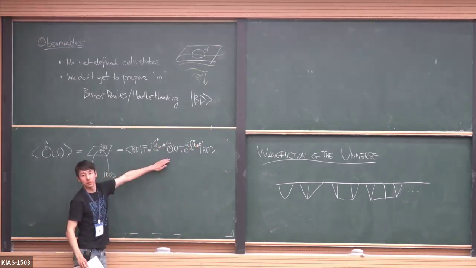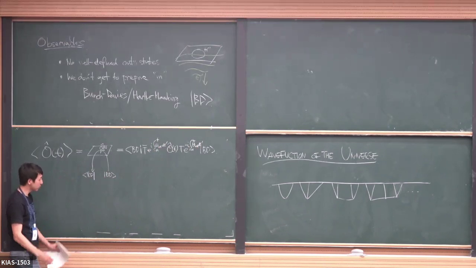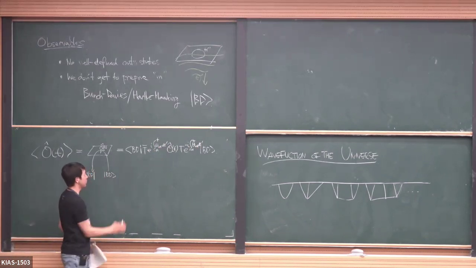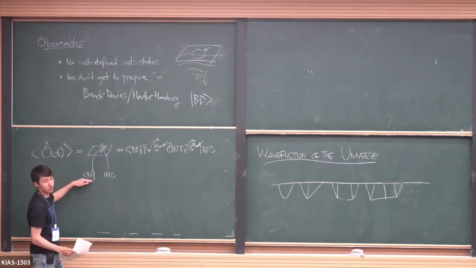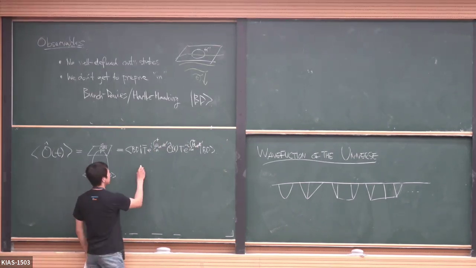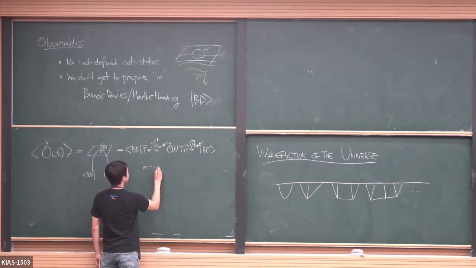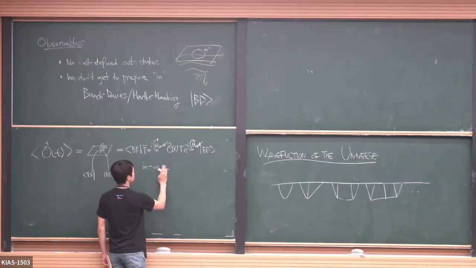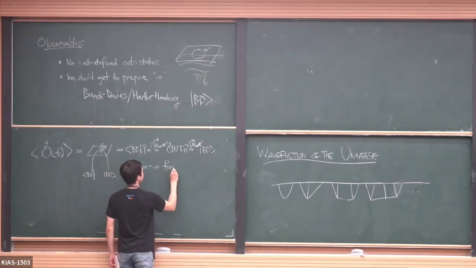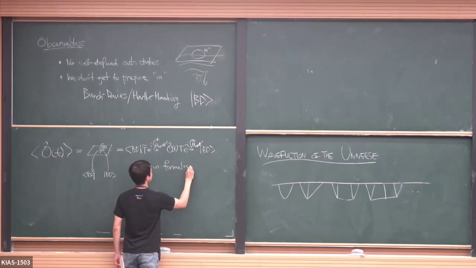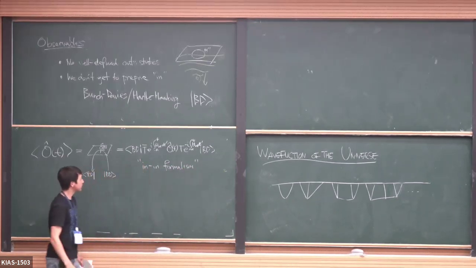Then we do this time evolution from some time in the far past to the time t at which we are evaluating this correlation function. Because we are effectively taking this expectation value with both of these being in states, this computation is done using the so-called in-in formalism.